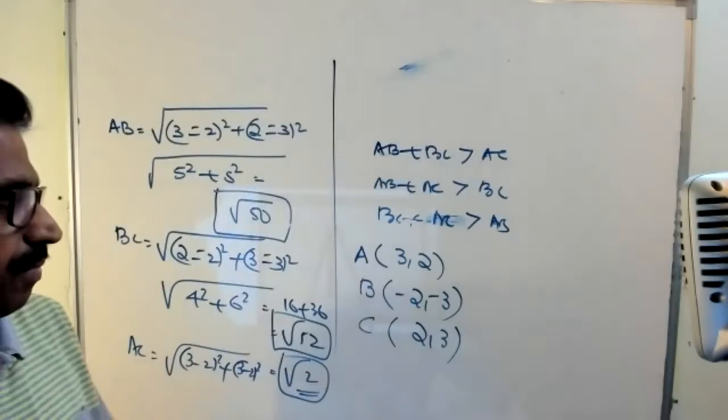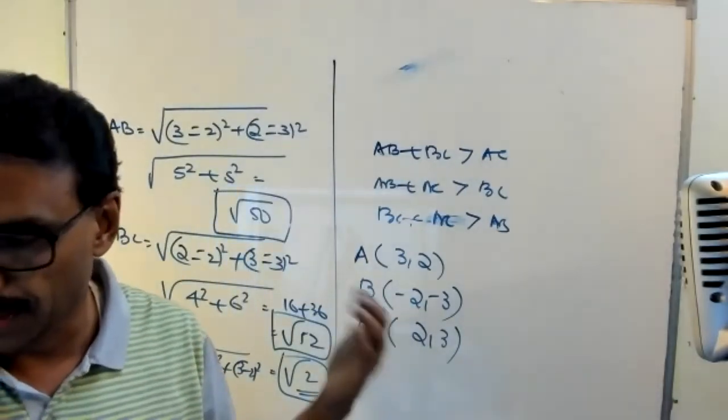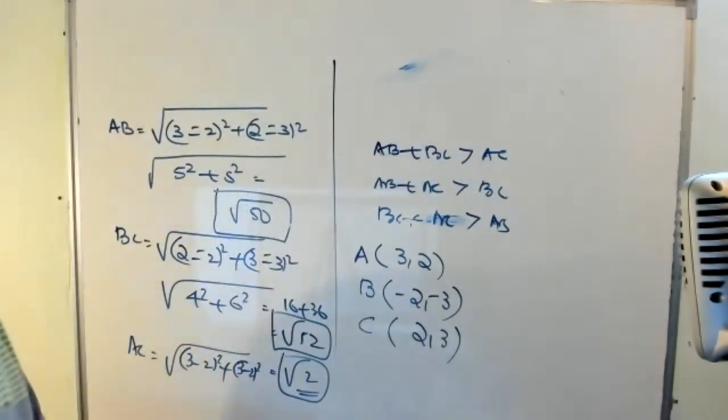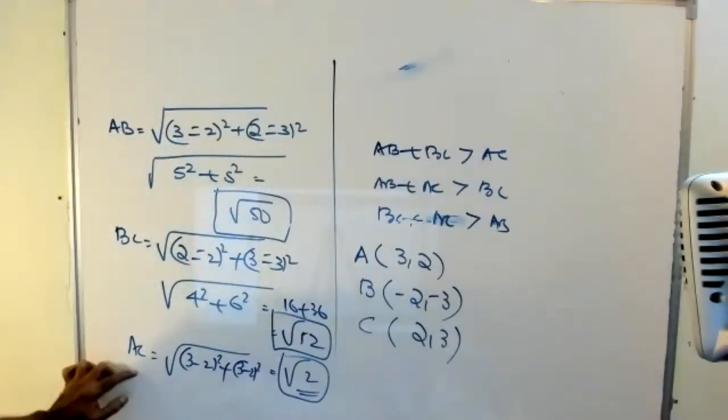Now look here, Kavani, Megan, Dilna. Listen. What about AB square plus AC square?